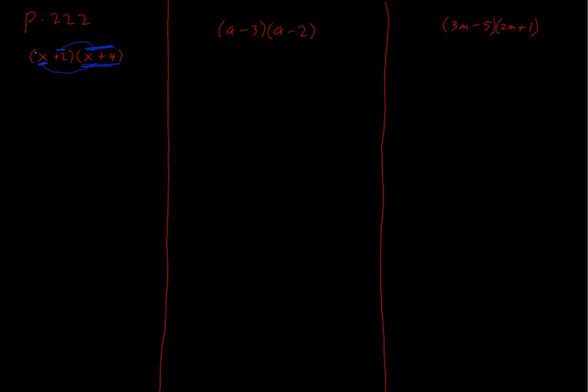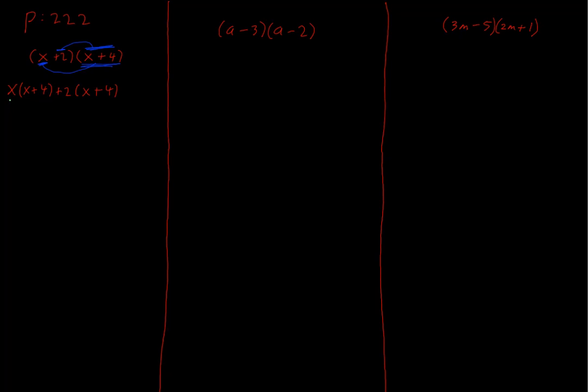So let's try this. X multiplied by the second bracket will look like x multiplied by x plus 4. And then we're going to have plus 2 multiplied by the second bracket. And now we're back to something that we know how to deal with. We have a number outside of a bracket.